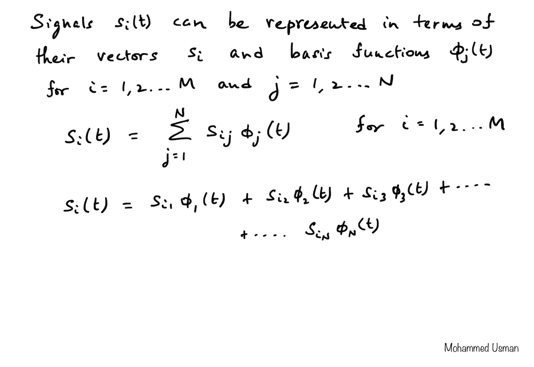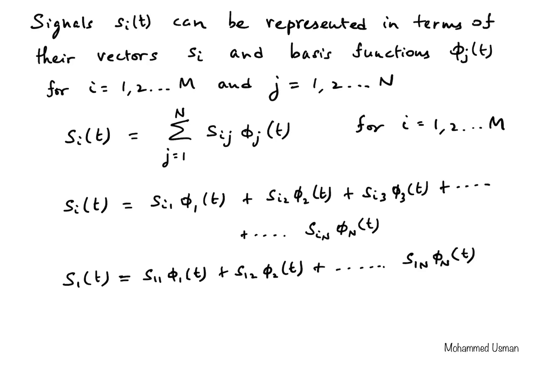So for signal number 1, as I said just now, we can write S1 of t as S11 phi 1 of t plus S12 phi 2 of t plus so on and so forth up to S1n phi n of t.